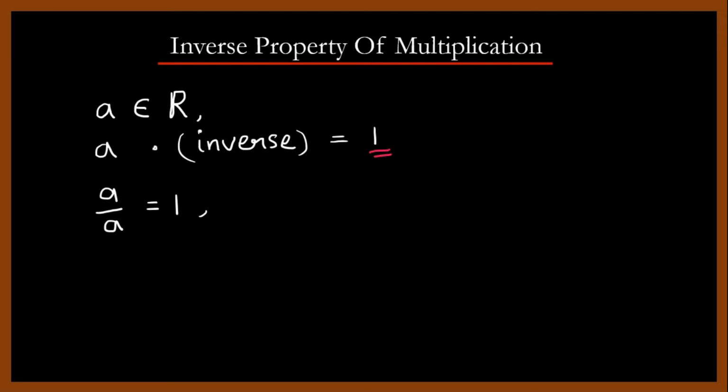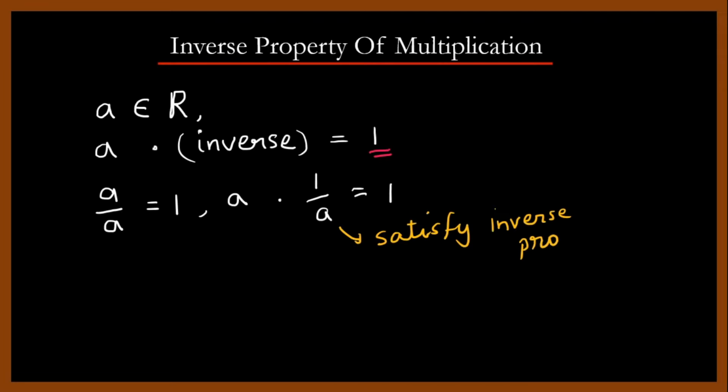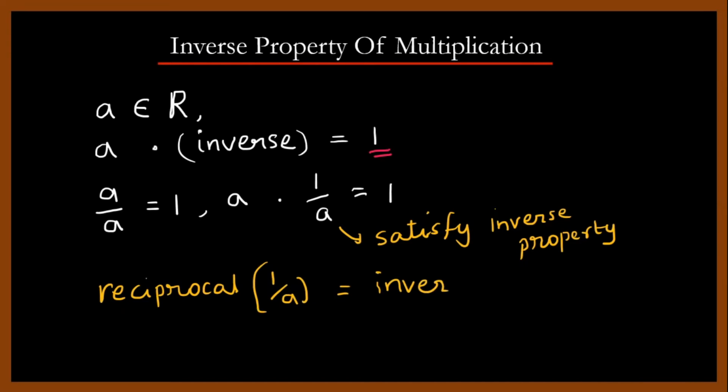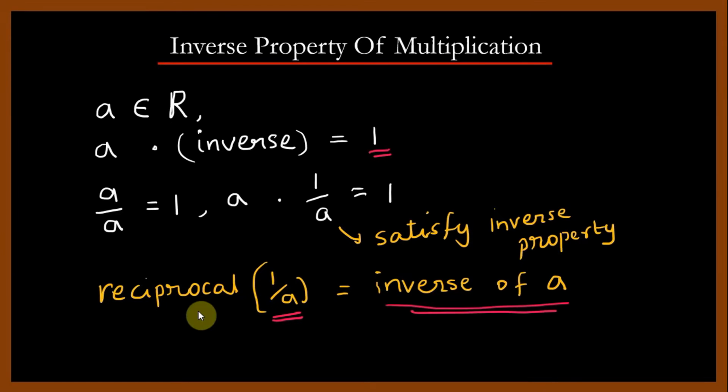The other way to write this is a multiplied by its reciprocal 1 by a, then the result is 1. So this satisfies the inverse property of multiplication. Therefore, the reciprocal of a must be the inverse of a because the reciprocal satisfies the inverse property.